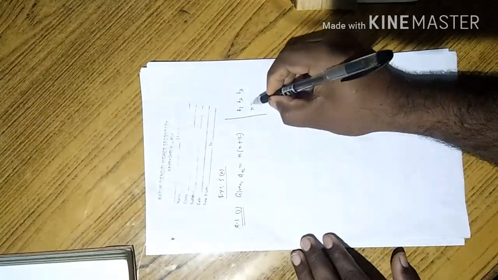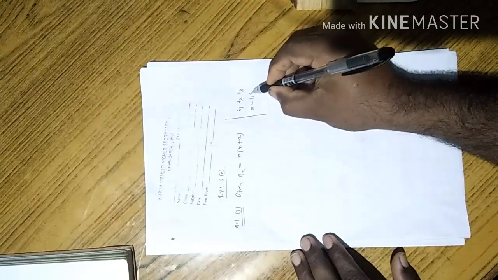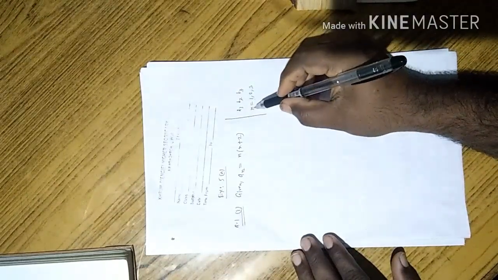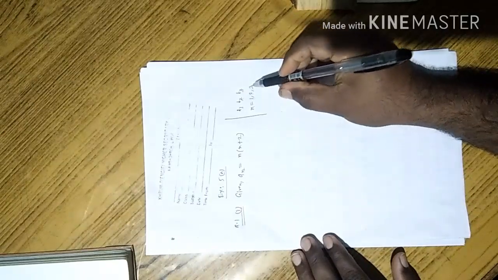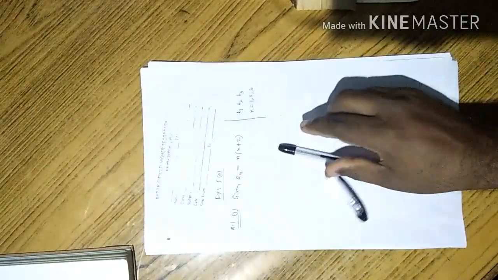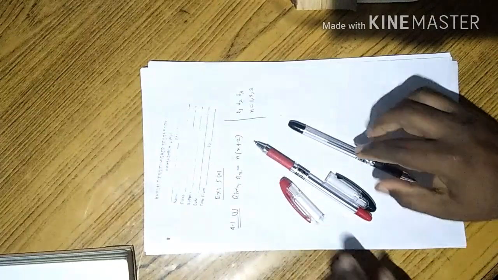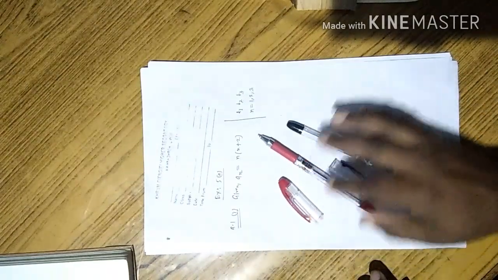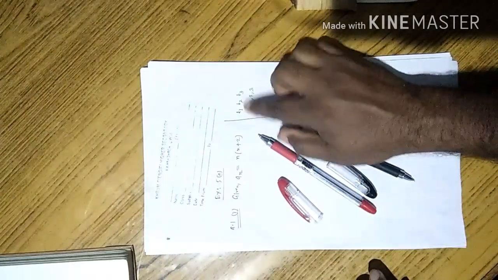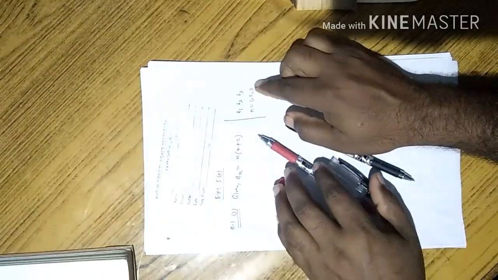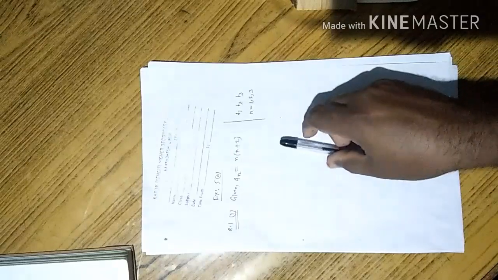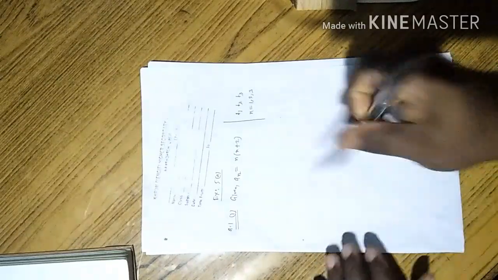So what does n mean? 1, 2, 3. So you will put the n value here. Just now I showed how many things there are: 1, 2, 3, 4, so n means 4. Here, till the third term means 1, 2, 3, so you have to write n values till 3.